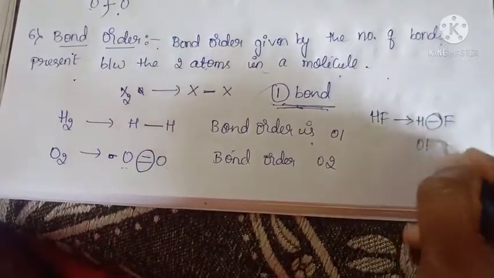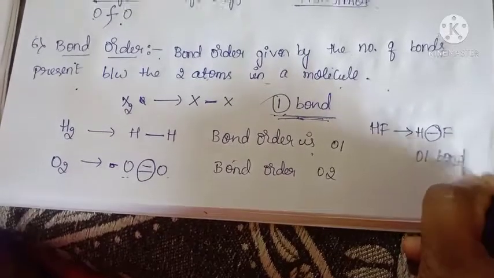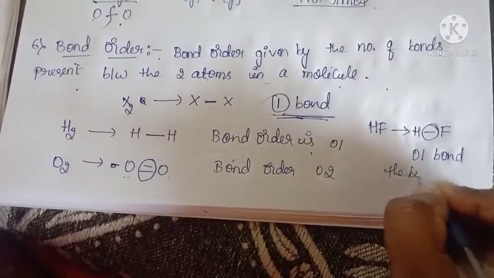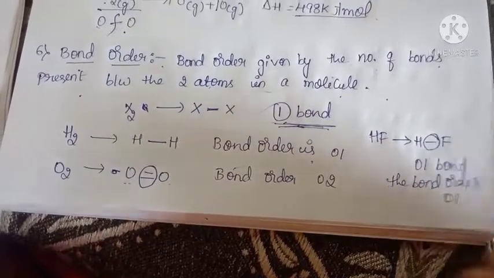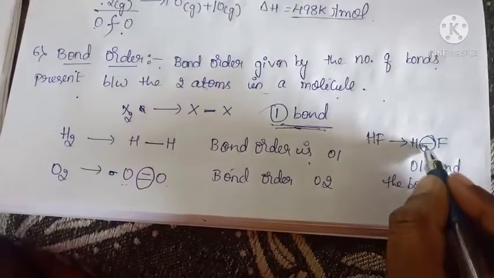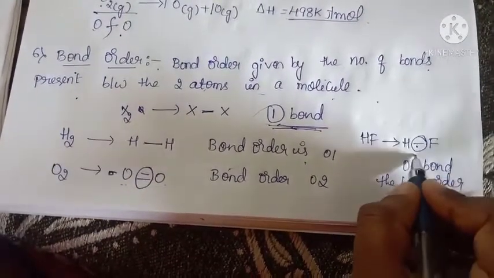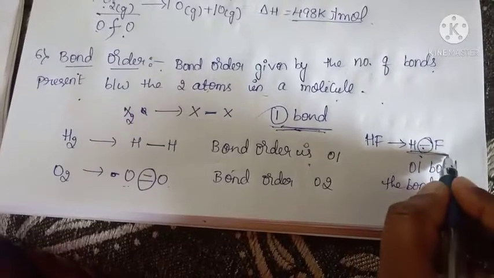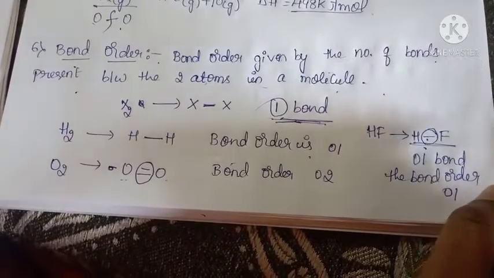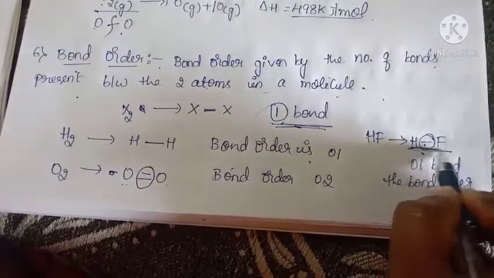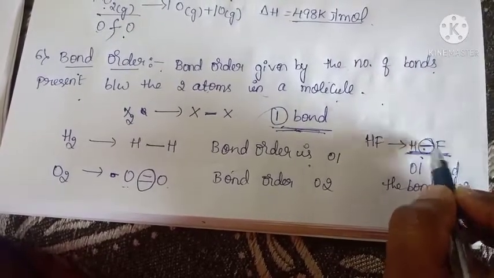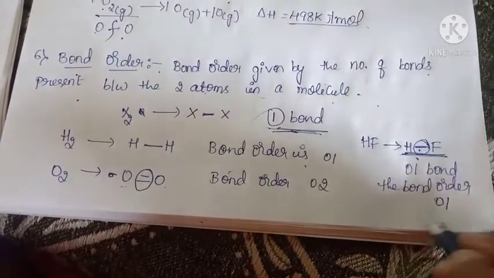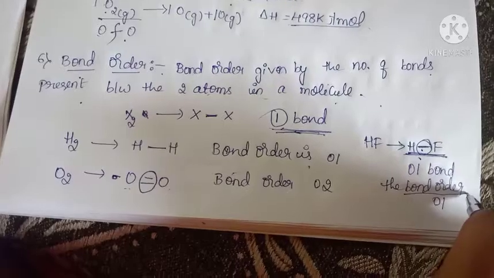Only 1 bond. The bond order is 1. How many bonds are present between the two atoms, not all the atoms present in the molecule, only the two atoms, that is directly proportional to the bond order.